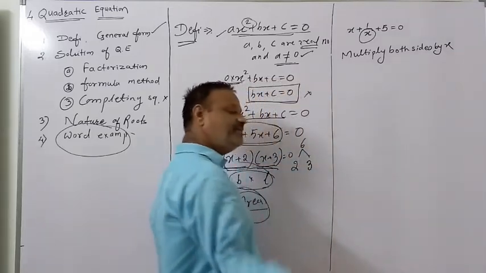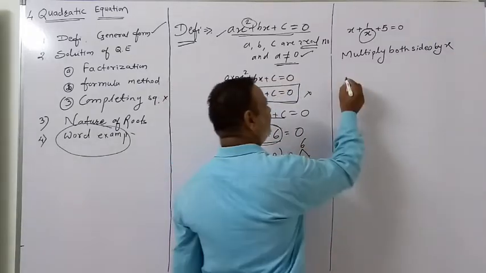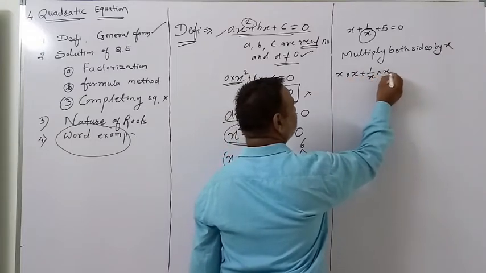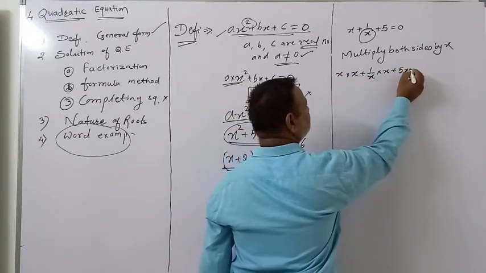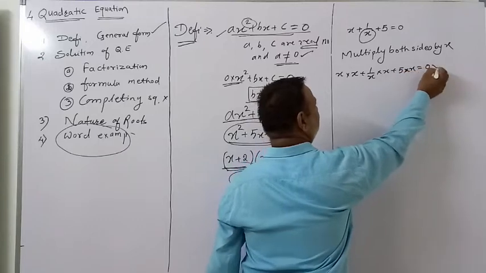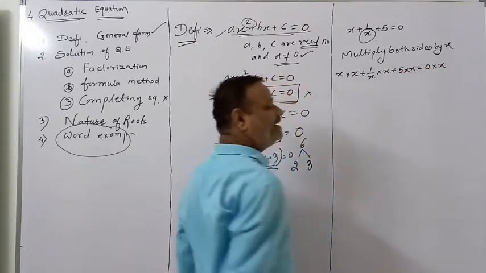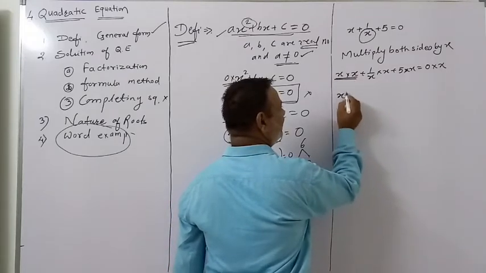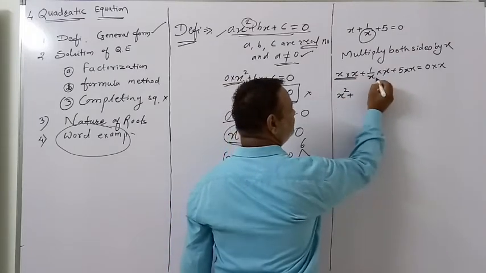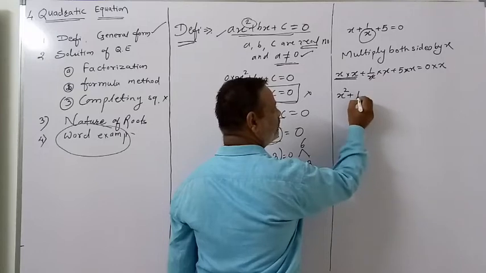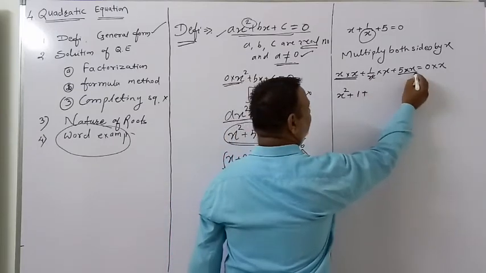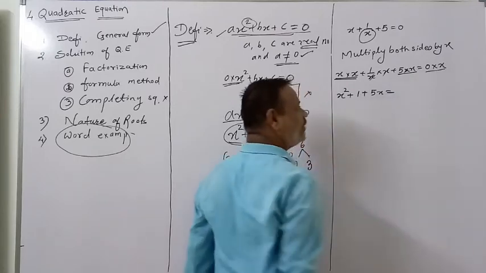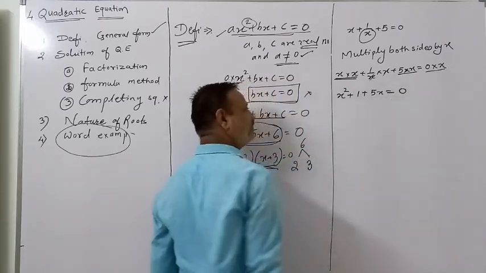So each and every term is multiplied by x. That's why x into x plus 1 by x into x plus 5 into x is equal to 0 into x. So x into x becomes x square, plus this x and x get cancelled, we get 1. Here 5 into x we get 5x is equal to 0 into x, that is equal to 0.